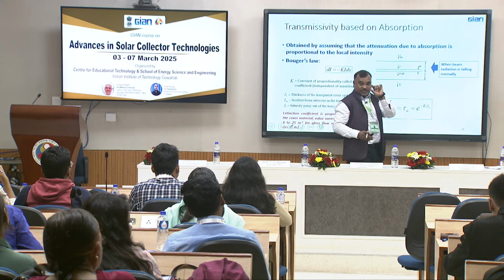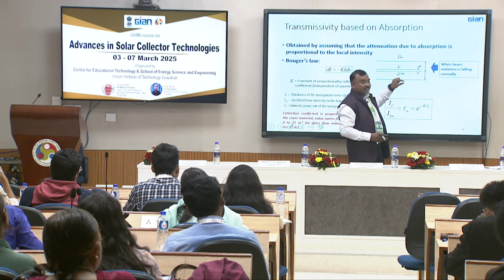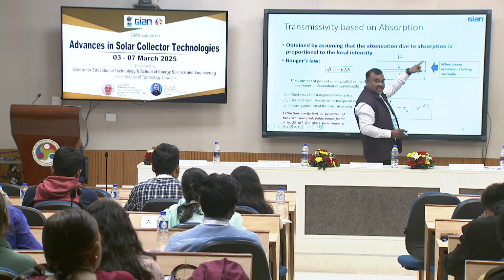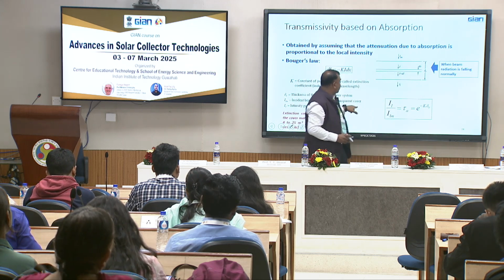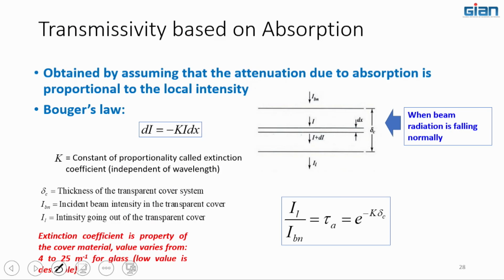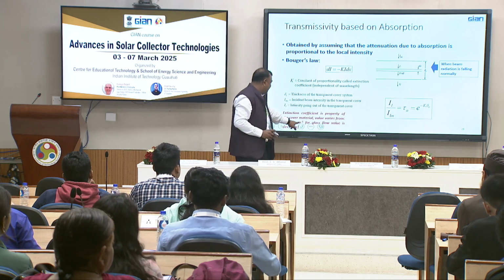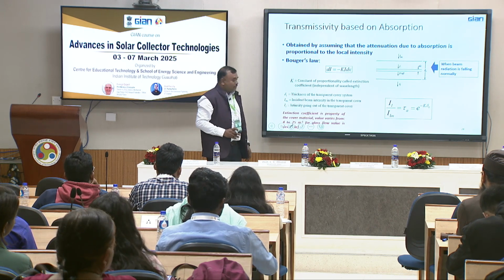Delta C is the thickness of that cover, and we have taken a small segment out of it where the radiation travels, so the integration is from 0 to delta C. If you do the integration, you get tau A equal to e to the power of minus K delta C, and this K is the extinction coefficient. Its dimension is meter inverse, for glass.